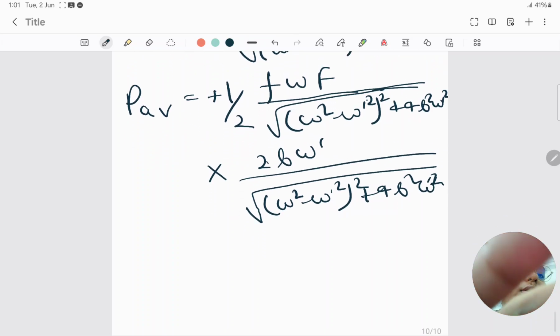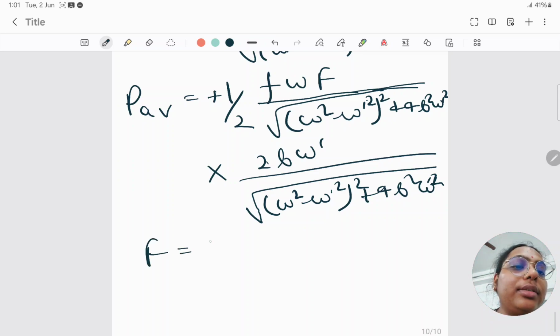Yes. So this F is nothing but m into small f. Okay. So we can try this.